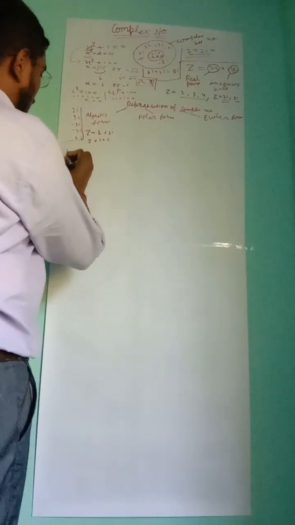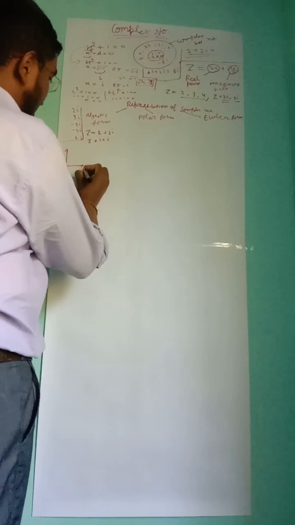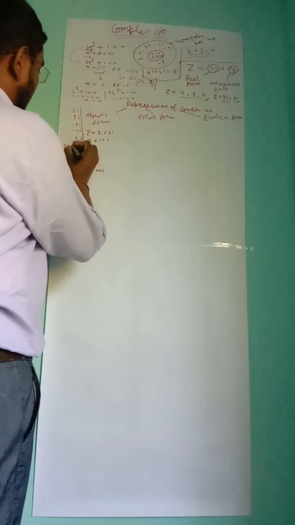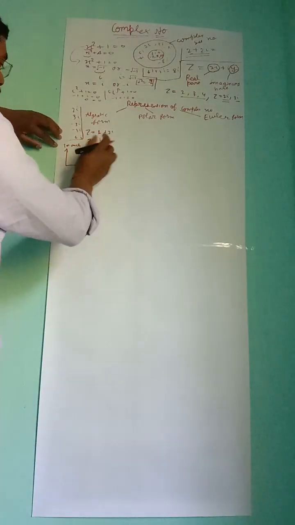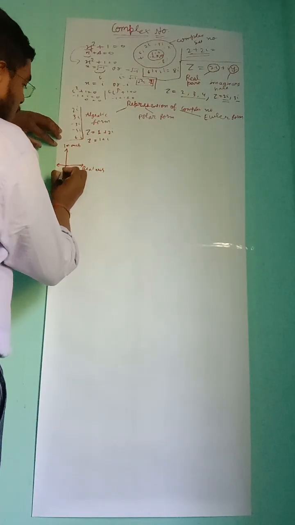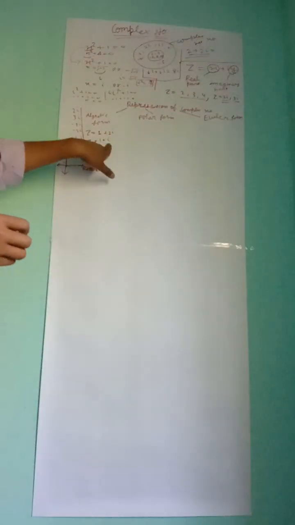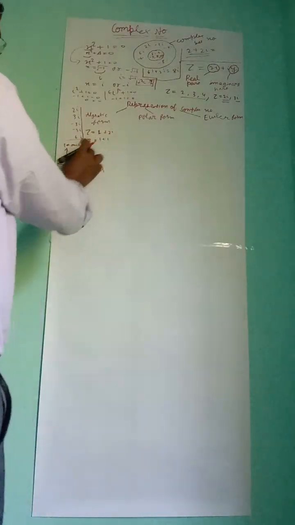Firstly we understand how we represent this in the Argand plane. This is my real axis. This is my imaginary axis. So this is my Argand plane. Suppose I am going to plot this in my Argand plane.